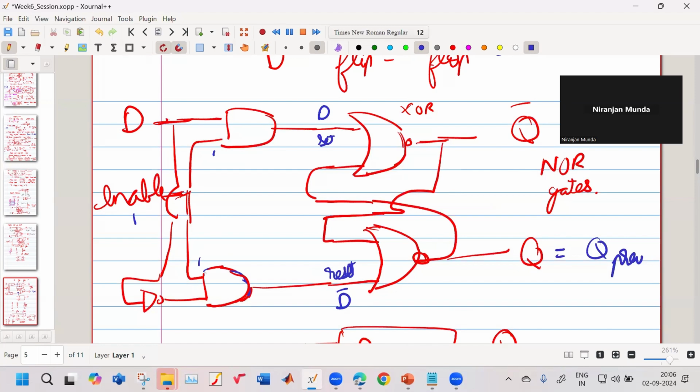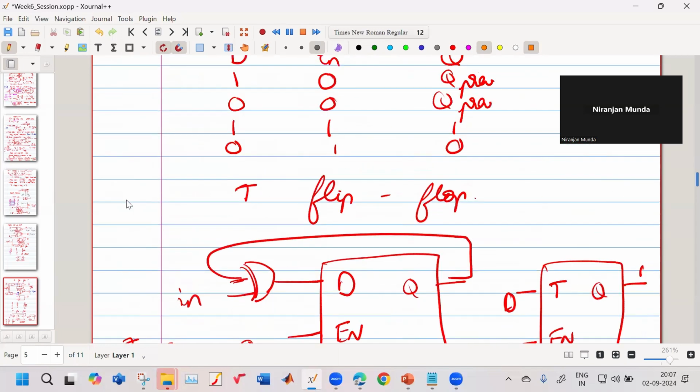And if D is 1, okay? Now let us consider, if D is 1, then this will be 0. So if set is 1, reset is 0, what will become Q? Q will be 1. Now let us consider another case. When D is 0, what is my D bar? My D bar will be 1. Then what will be my Q? It will be 0. So the SR flip-flop is a building block in which we added some configuration and changes, and we got a D flip-flop.